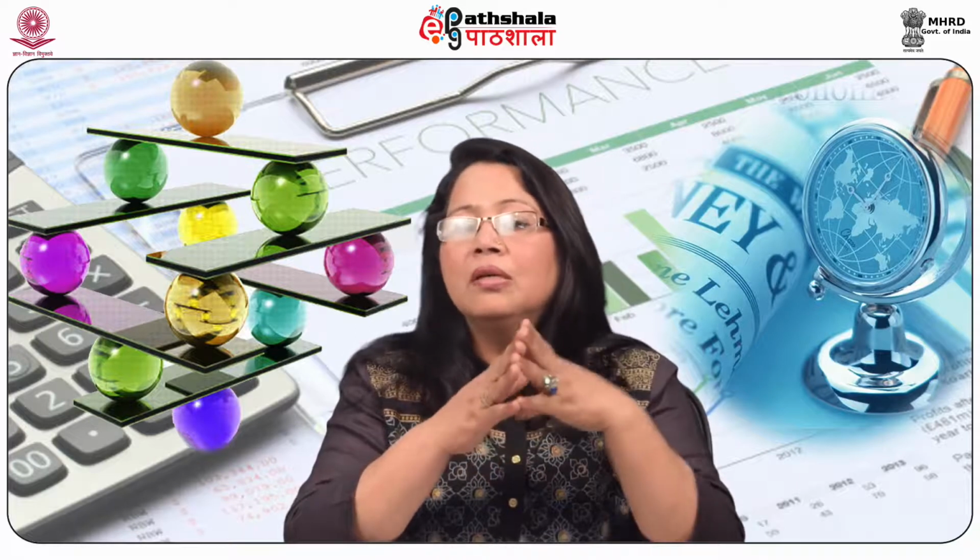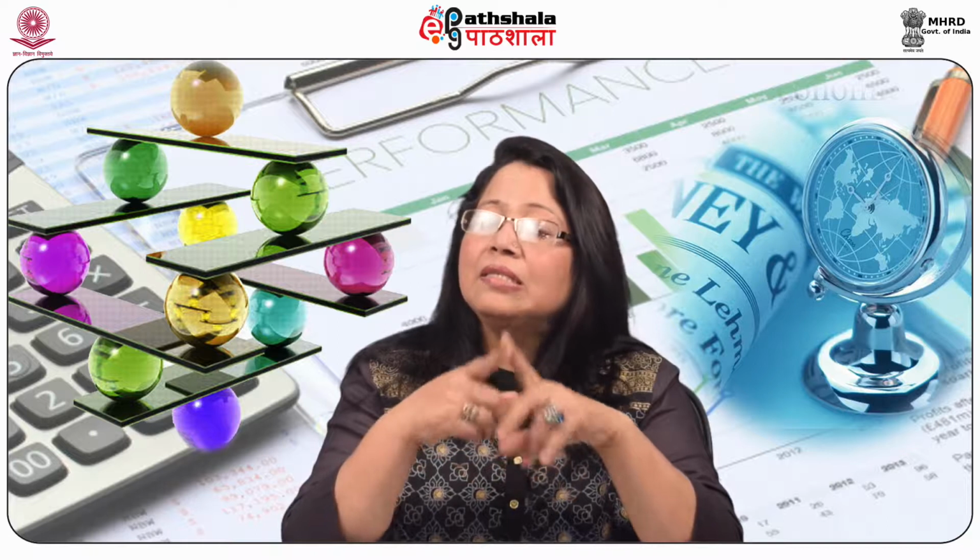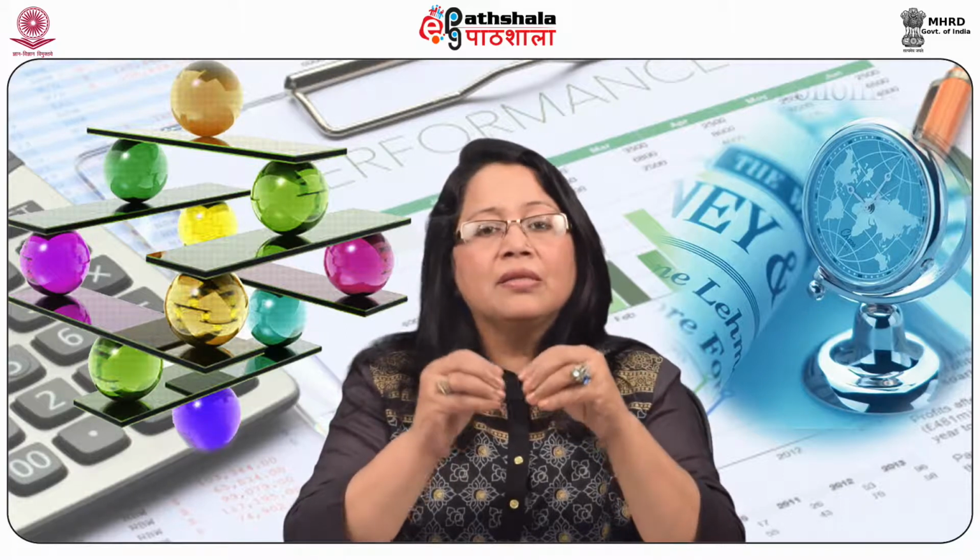List 1 includes union government taxes. List 2 includes state government taxes. And list 3 includes taxes on the union list which are shared with the states partly or fully.